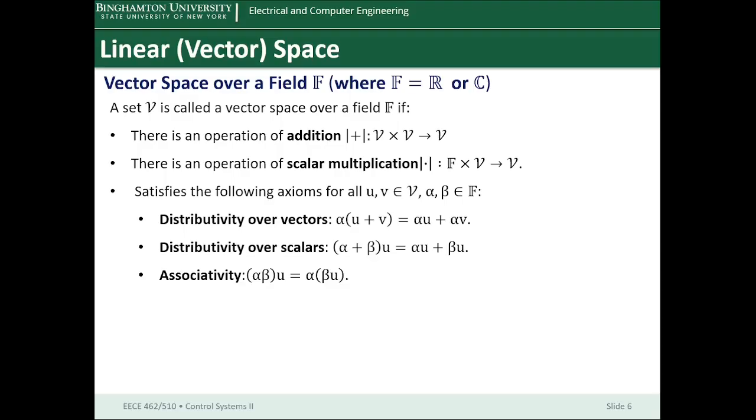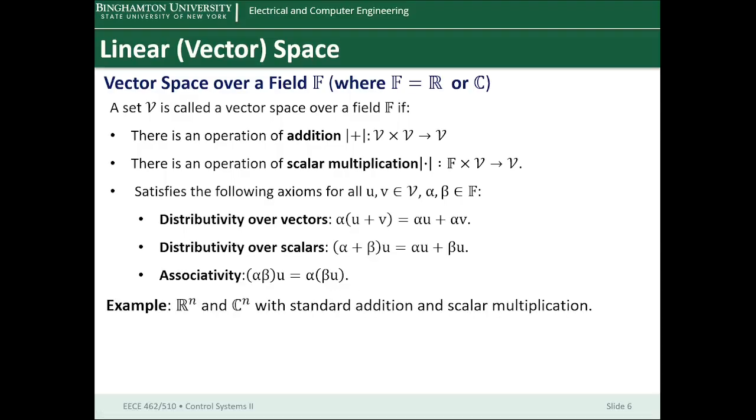If you add two vectors in V, then the result must also be in V. If you multiply a scalar from F by a vector in V, the result must also be in V. In addition, these operations must satisfy some important axioms. For all u, v in V and alpha and beta in F, it should satisfy distributivity over vectors and also distributivity over scalars. Also, it should satisfy associativity.